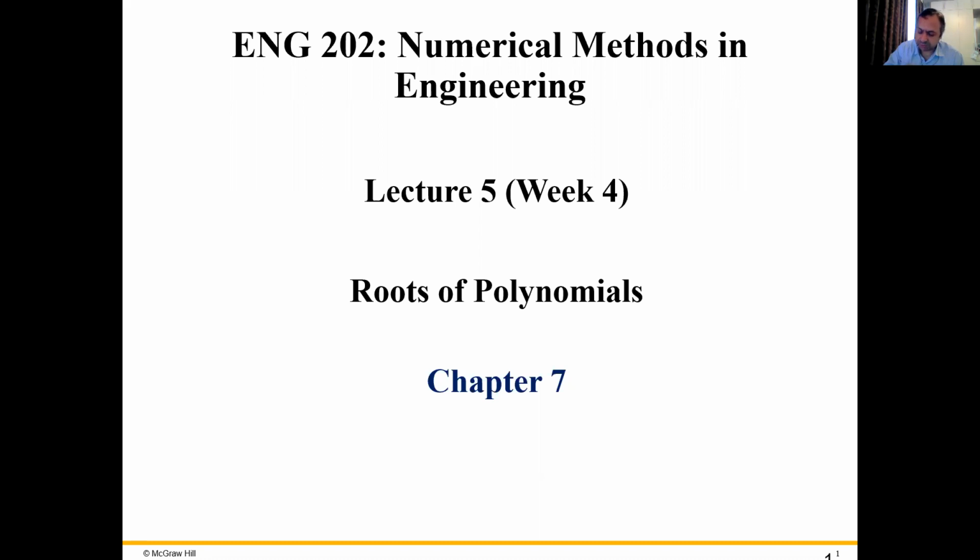Remember that in the last 2 chapters, we were finding the roots of basically non-linear equations, and the methods which we studied are applicable to all types of equations: bracketing methods, non-bracketing methods, as well as the graphical methods.